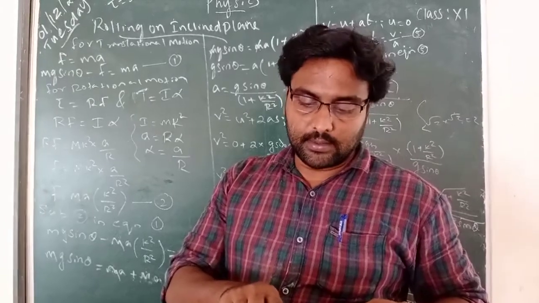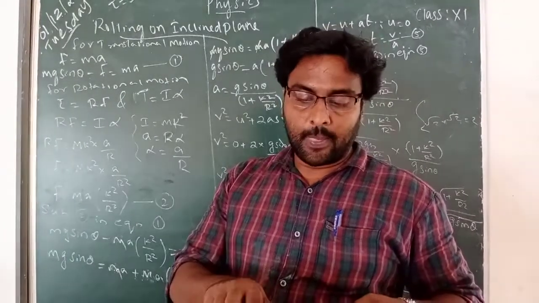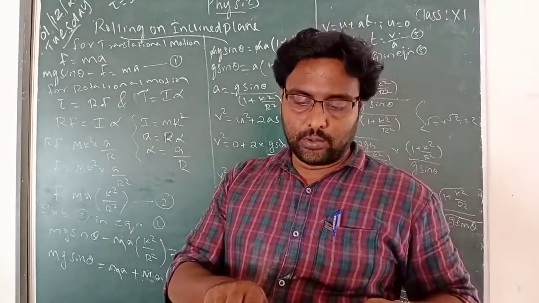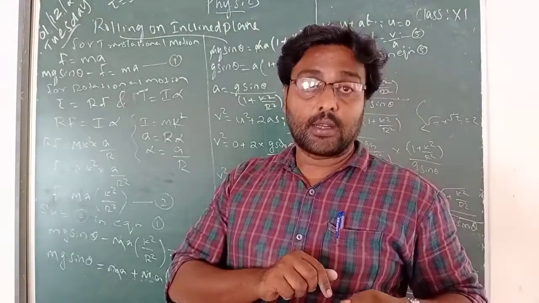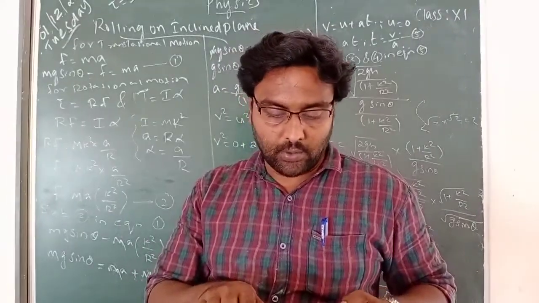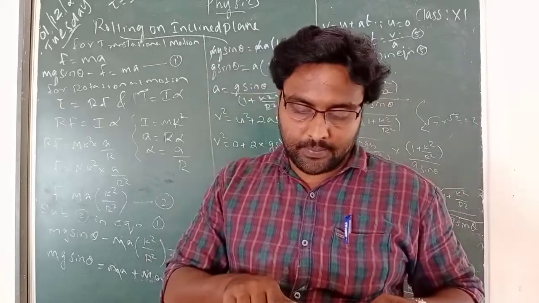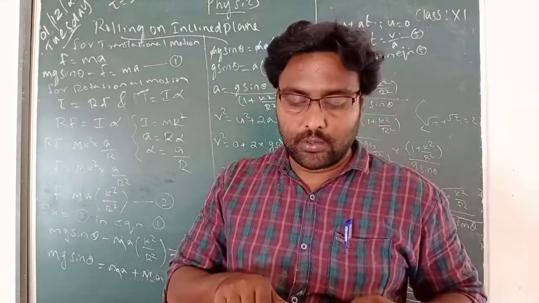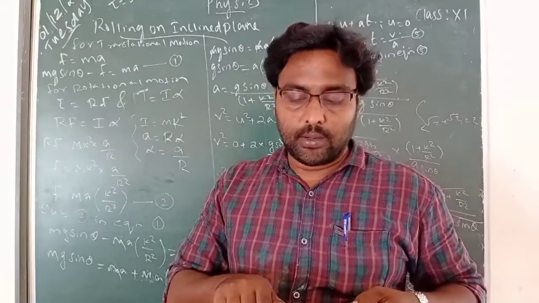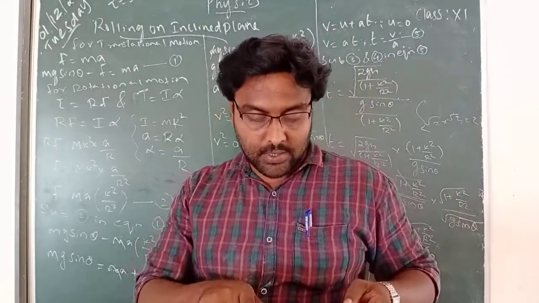Question number 6, expression for moment of inertia of a uniform disc, page number 236 and 237. Then conservation of angular momentum with example, page number 234. Question number 8, parallel axis theorem, page number 239 and 240. And perpendicular axis theorem, page number 240 and 241.